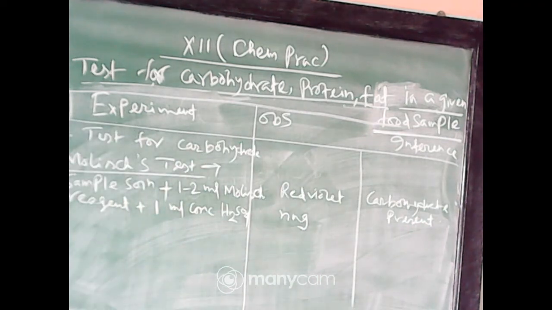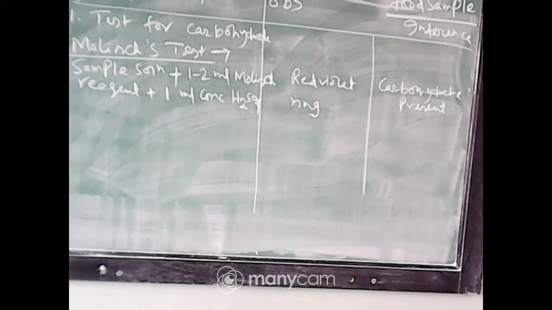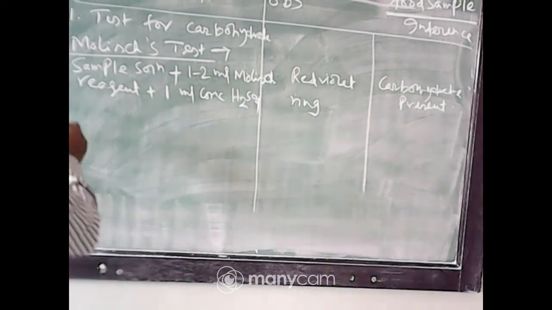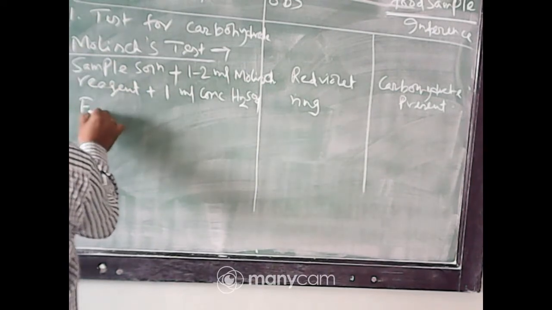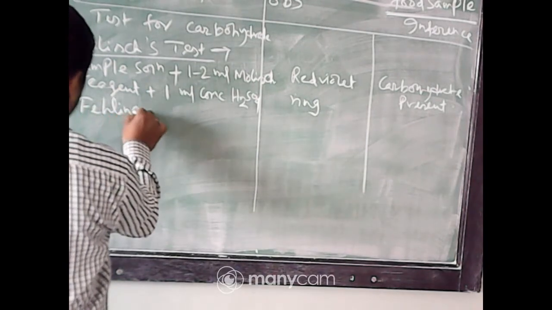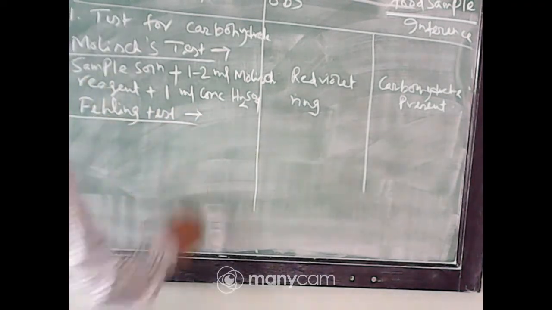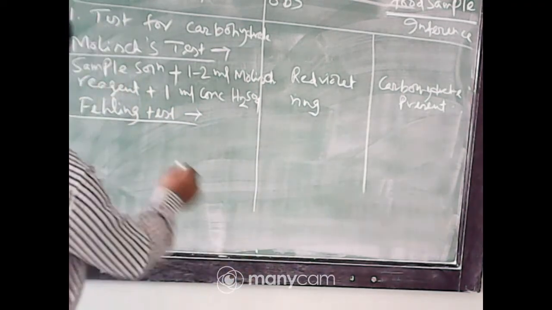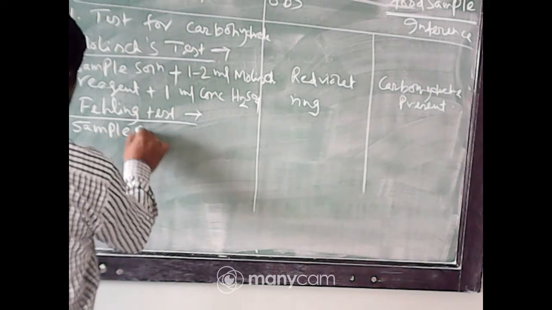Next, test number 2. This is the Fehling's test you have to perform, Fehling's solution 1A and 1B. Again take the sample solution in a test tube.